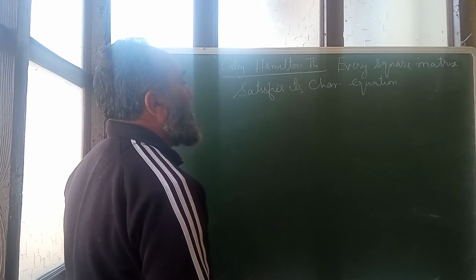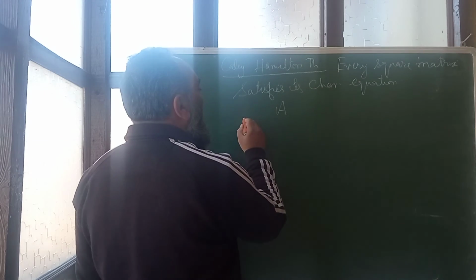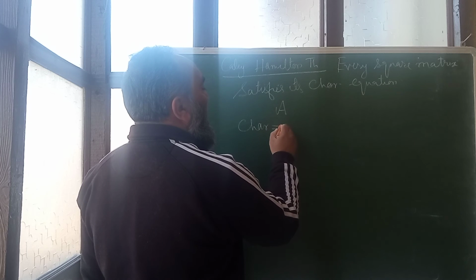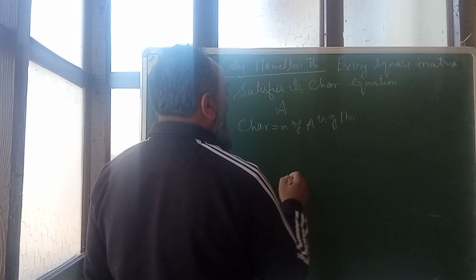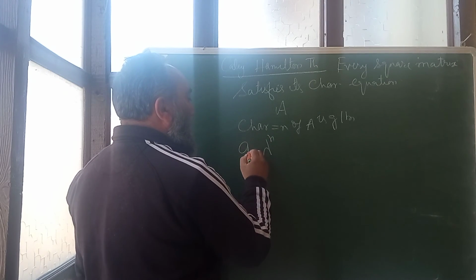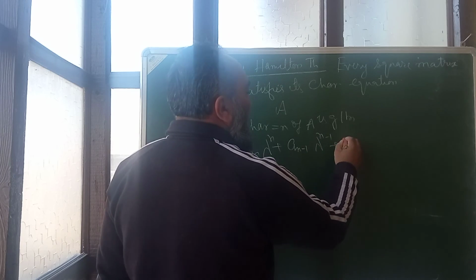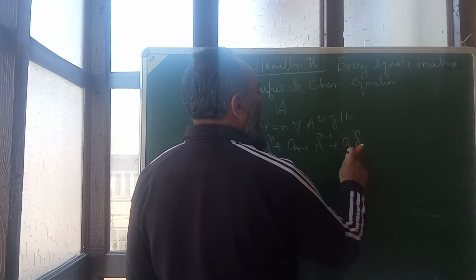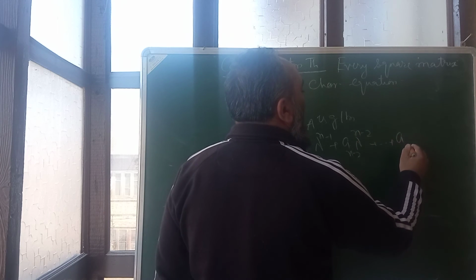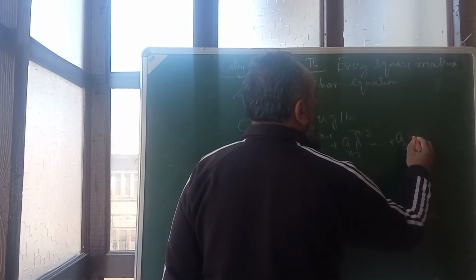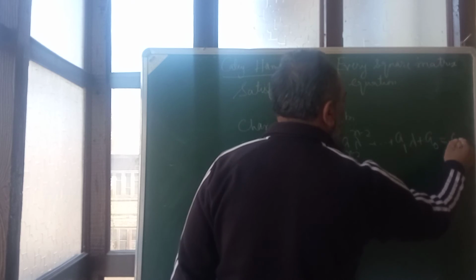If A is a square matrix of order n, then the characteristic equation of A is given by lambda raised to power n, plus a(n minus 1) lambda^(n minus 1), plus a(n minus 2) lambda^(n minus 2), plus so on, a1 lambda plus a0 is equal to 0.